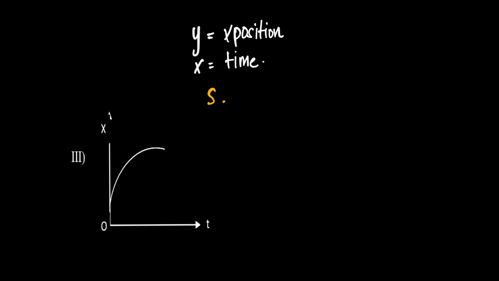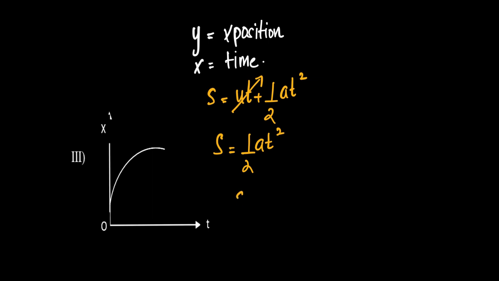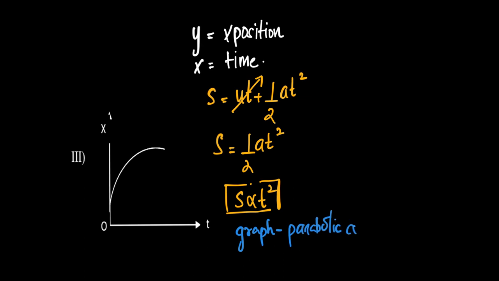In general, distance time relationship is s is equal to ut plus half a t square. Since the body is starting from rest here, this term will be 0. So s is equal to half into a t square. Now we can say that s is proportional to t square, right? And if s is proportional to t square, we know that the corresponding graph, a second degree equation, would be represented by a parabolic curve. Which may give us a conclusion that this is correct.